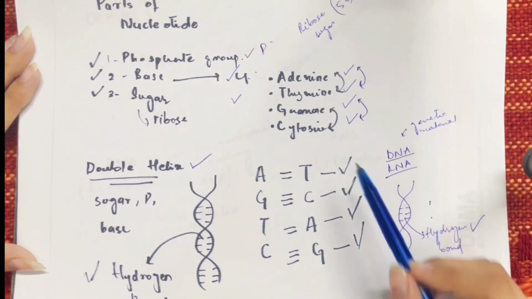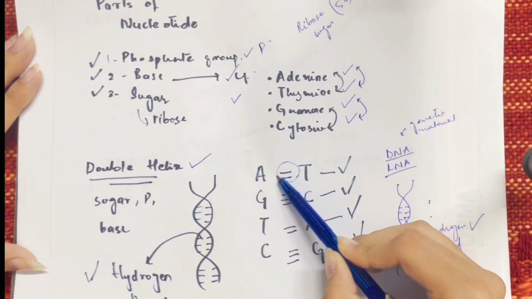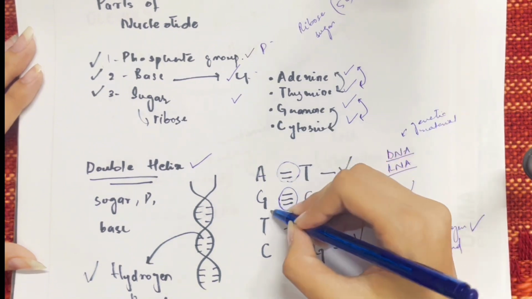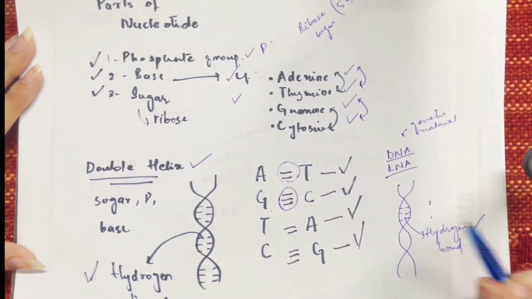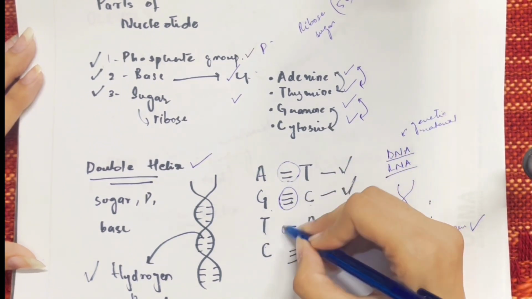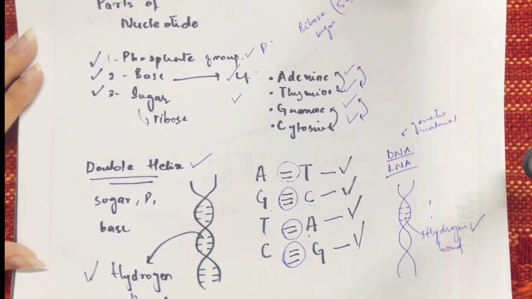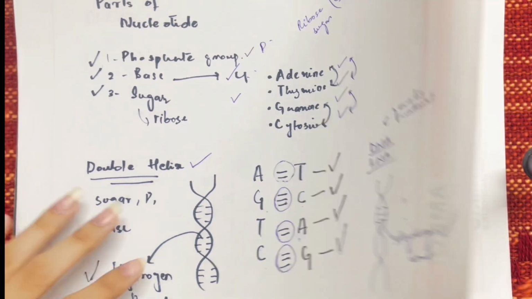Like I've already told you, in adenine and thymine we have a double bond, whereas in cytosine and guanine we have a triple bond. This is how they are bound together with the help of a hydrogen bond that helps keep them together in a single space. And this is all you need to learn about the nucleotide.